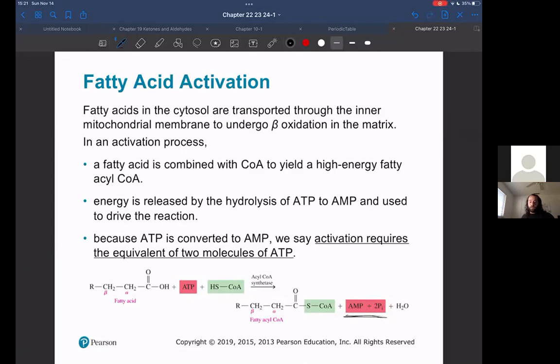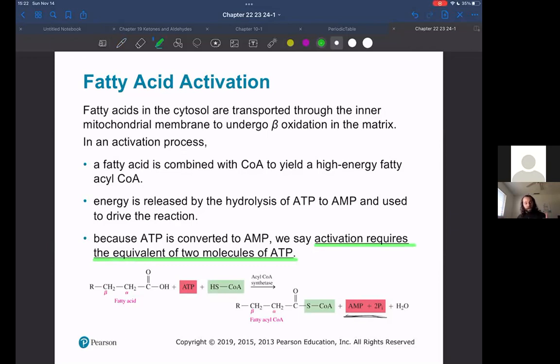Because of that, we say that activation requires 2 molecules of ATP. That's a little bit of a fudgy way to say it because it really only requires 1 ATP, but it's converted to AMP. So in terms of how much energy is lost, it's as if you lost 2 molecules of ATP.